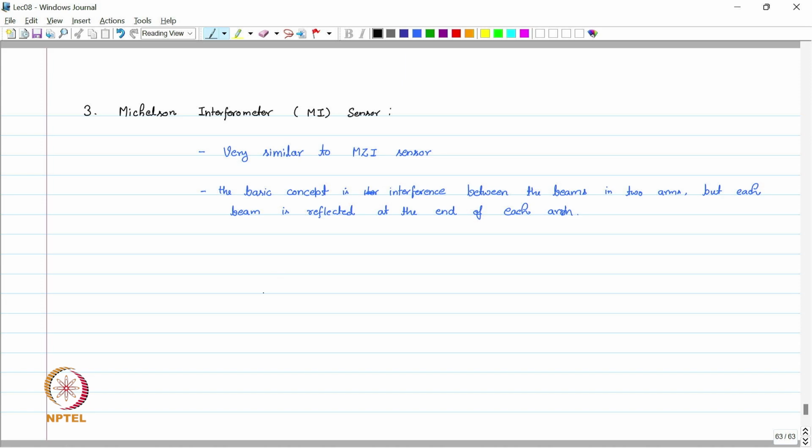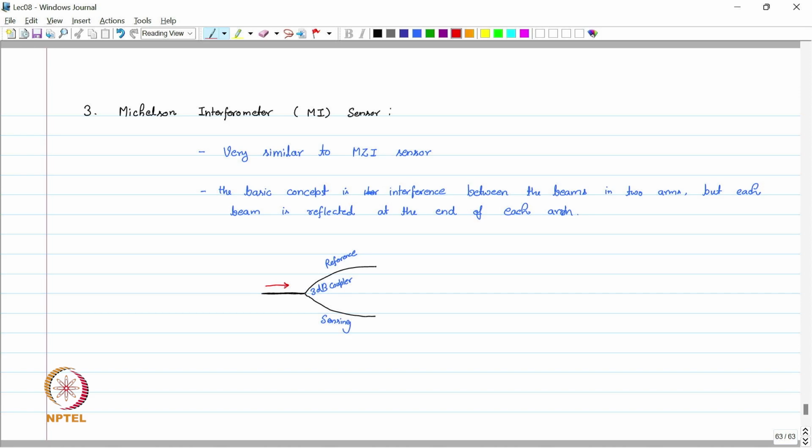So in the MI sensor, we have this optical fiber and we use a 3 dB coupler to split the wave into two, and one we call the reference arm, the second is the sensing arm. This is the 3 dB coupler. This wave comes from the left.